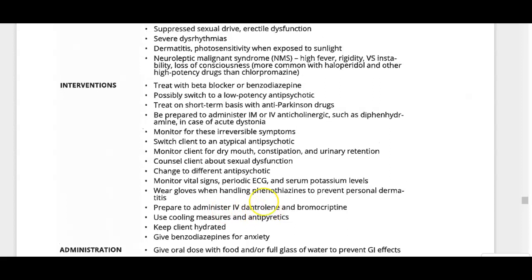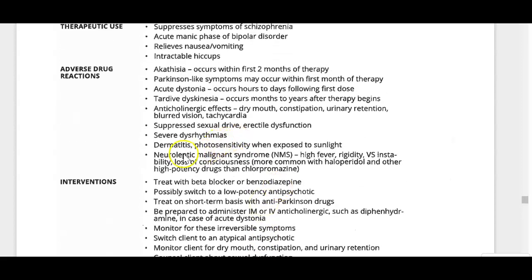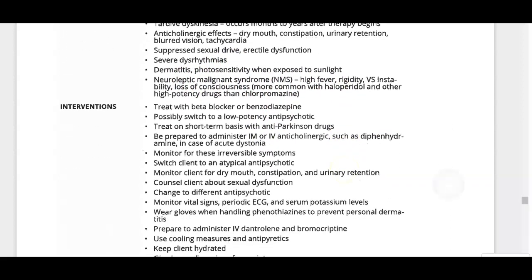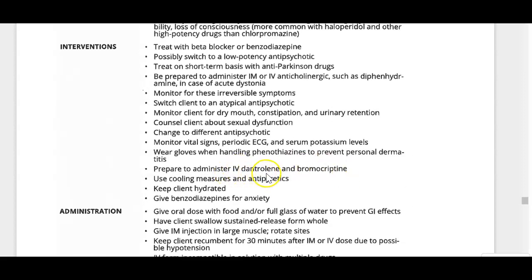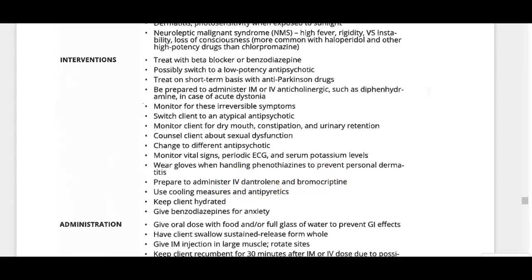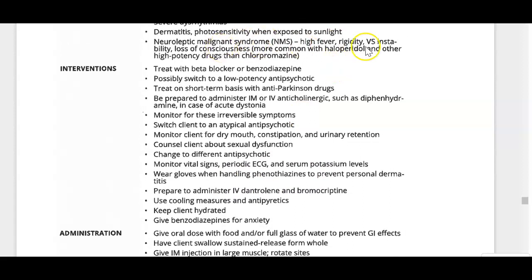It is what is used to treat this neuroleptic malignant syndrome, which I think we referred to as malignant hyperthermia in the previous lecture from last week. So dantrolene is like a muscle relaxant to help reduce the rigidity.